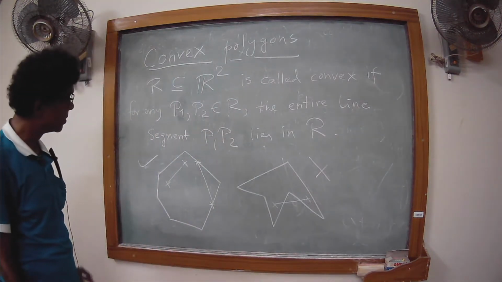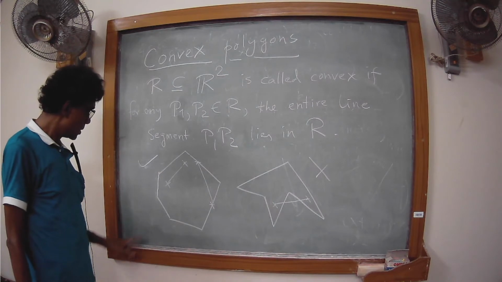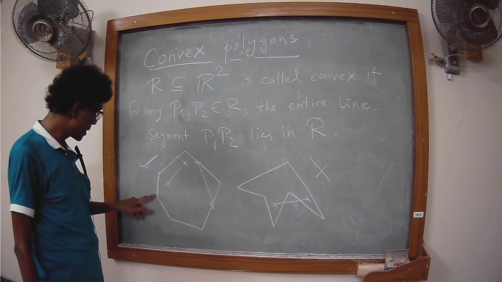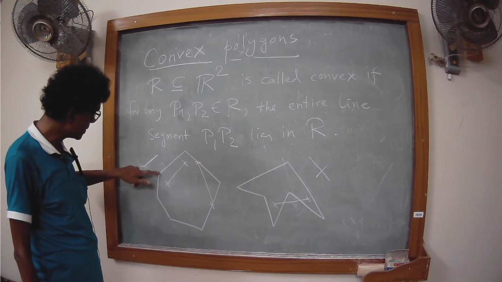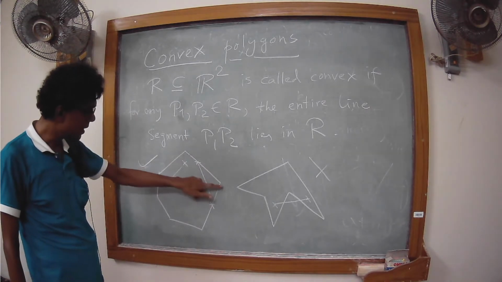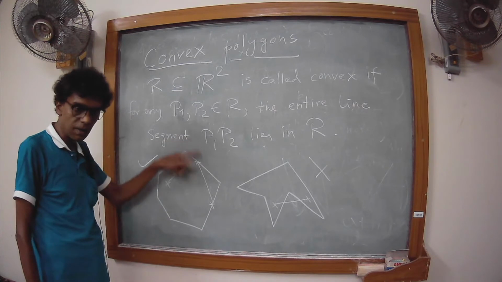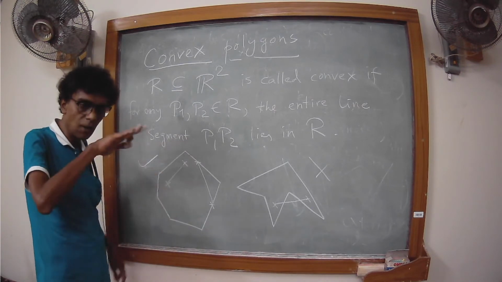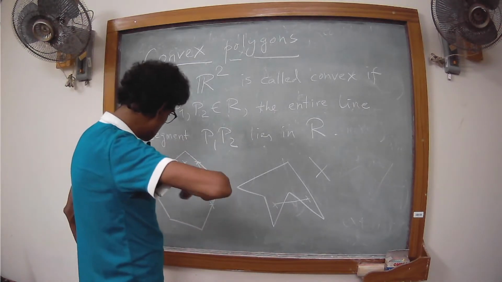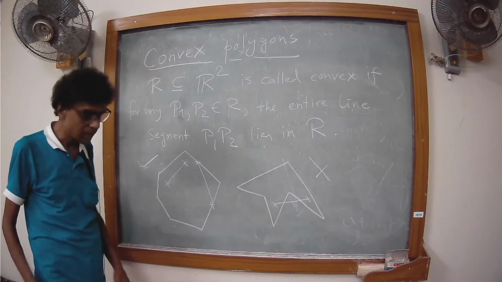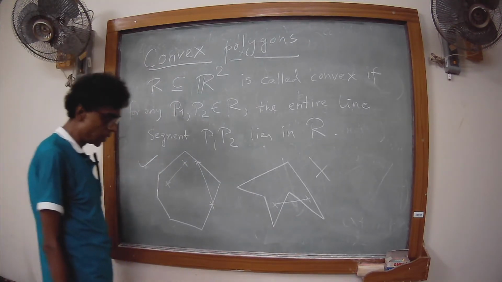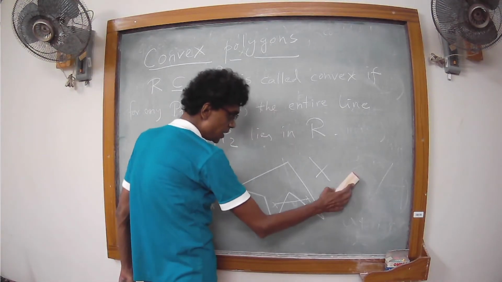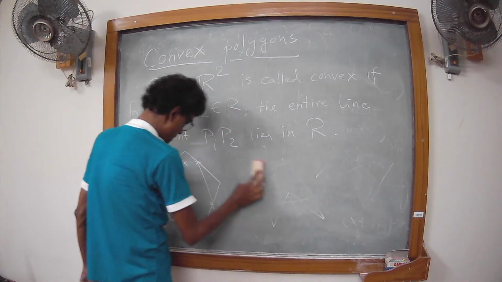So we will typically assume that I will specify convex polygons by starting at some point and moving in the clockwise direction, so that the interior is always to my right. Convex polygons, this is something we will study in the next class.